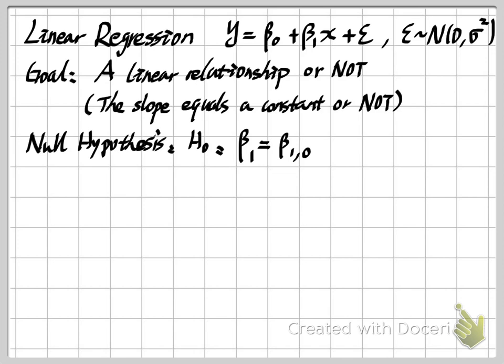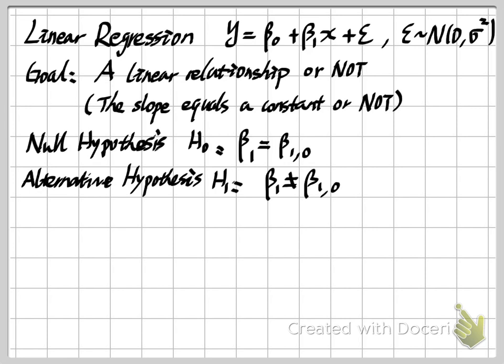Because we test beta 1, we use beta 1 comma 0. Then our alternative hypothesis becomes an inequality: beta 1 is not equal to beta 1 comma 0. So this is our hypothesis here.